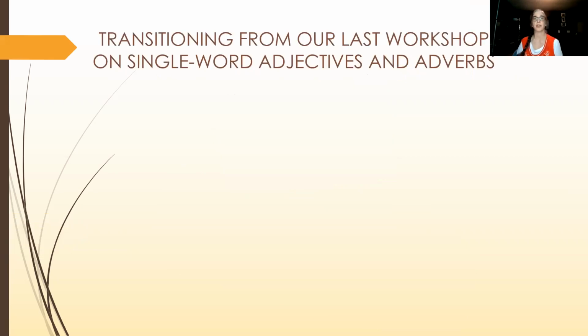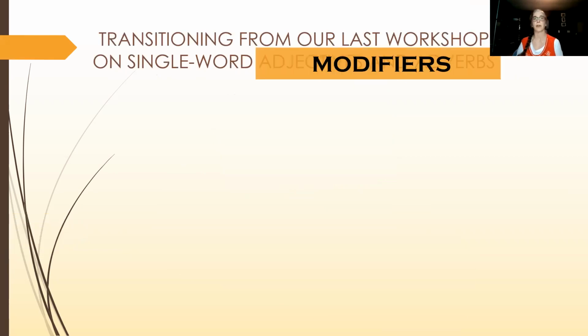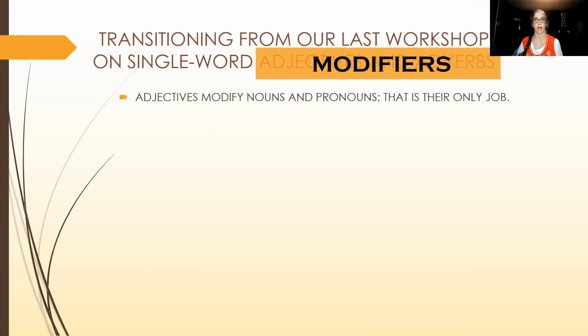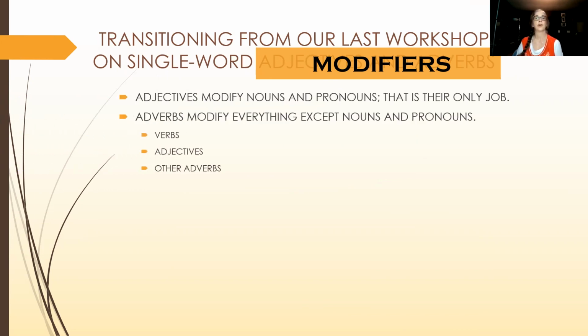Last workshop, we looked at single word adjectives and adverbs, i.e. modifiers. And we learned that adjectives modify nouns and pronouns. That is their only job. We learned that adverbs modify everything else except for nouns and pronouns. That includes verbs, adjectives, and other adverbs.